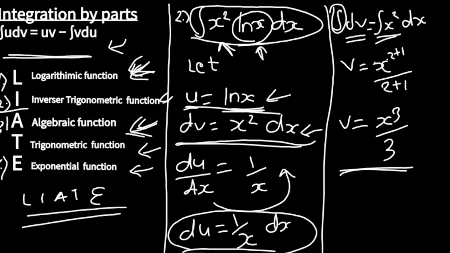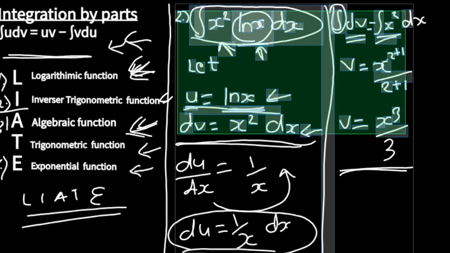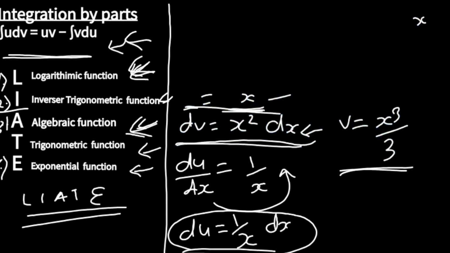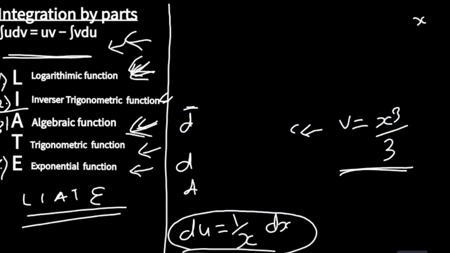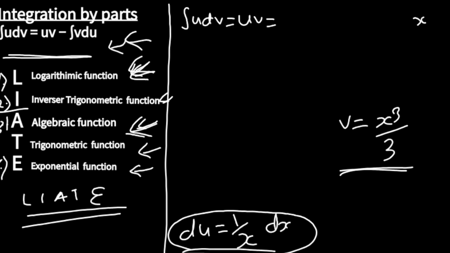The next step is now to substitute everything in your general formula. So let's find some space here. What's our general formula? The integral of u dv is equal to uv minus the integral of v du, right? So that is the integral of, what was our u?